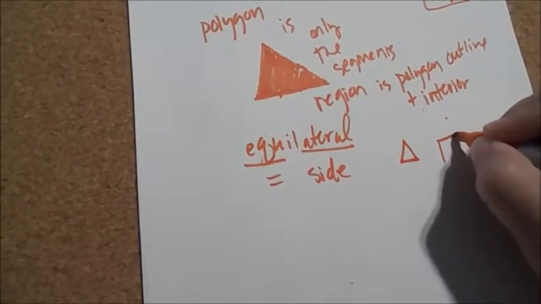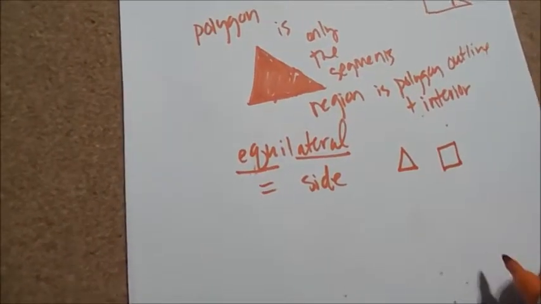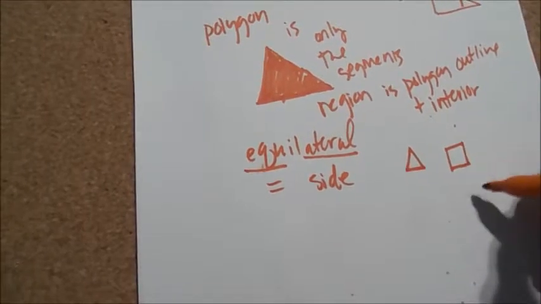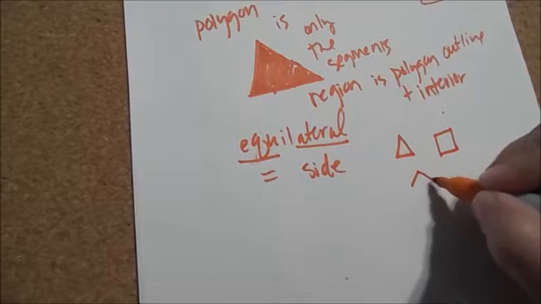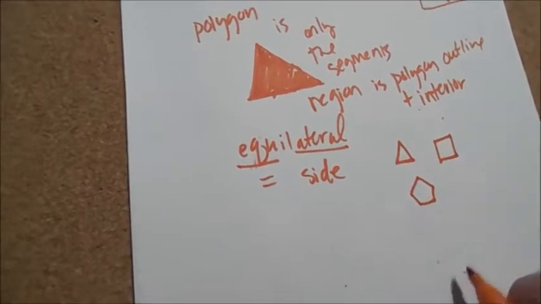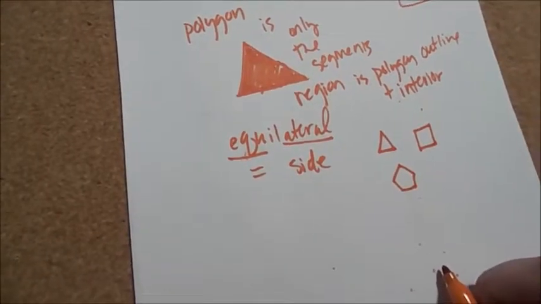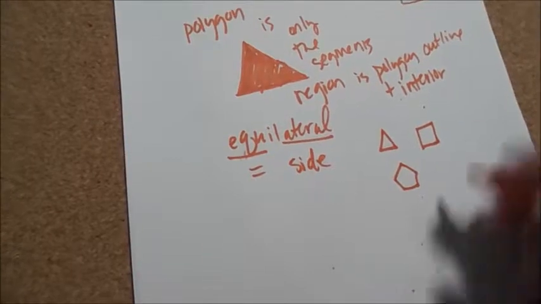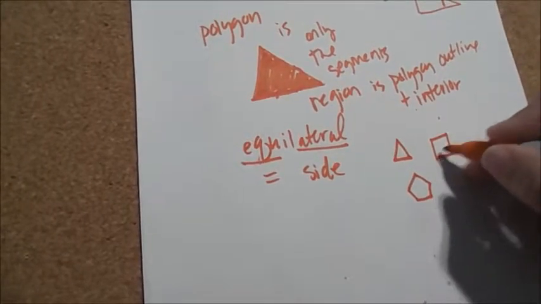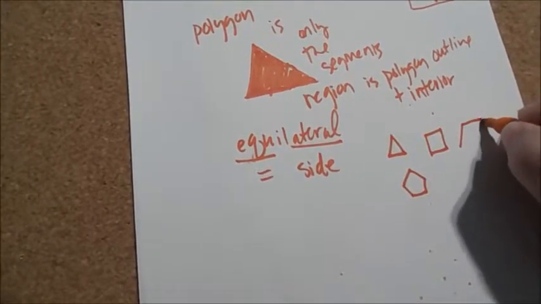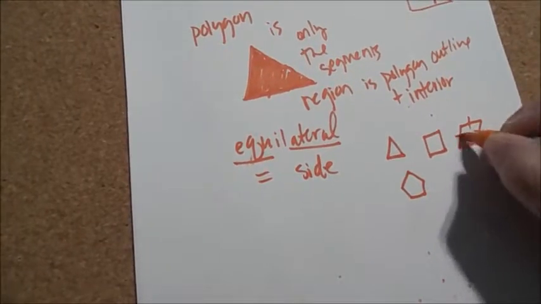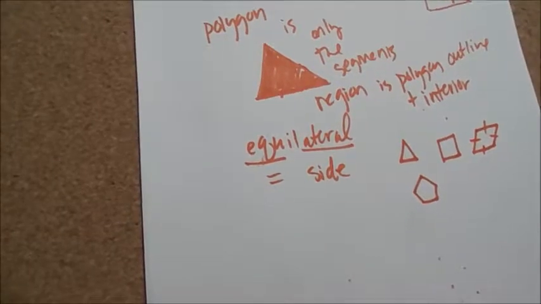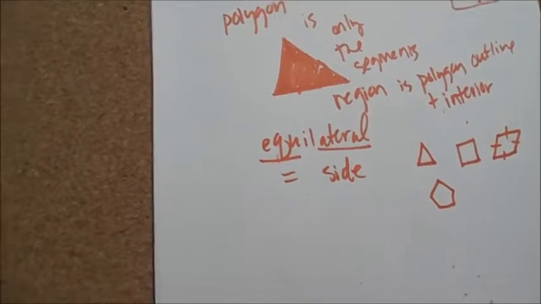An equilateral quadrilateral would be an equal-sided four-sided figure. So we have a square. This one right here doesn't have to be a square. As long as the sides are equal length, you could have a quadrilateral still.